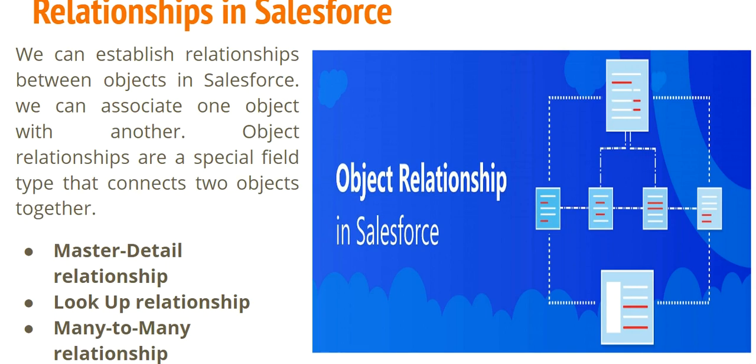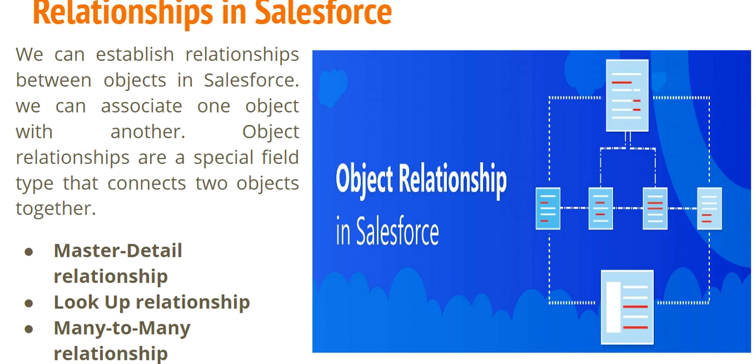In that case, we need to create a relationship between those two objects, where one object acts like a parent object and another object acts like a child object. So whenever we have to show the connection between two objects, we have to create the relationship in Salesforce. So here we can create the master detail relationship and lookup relationship.